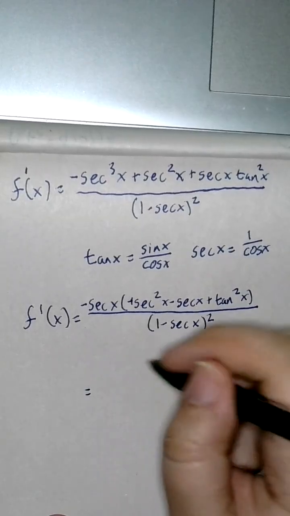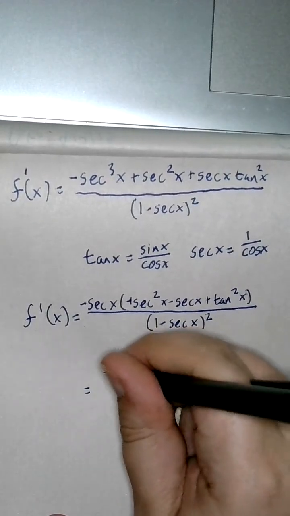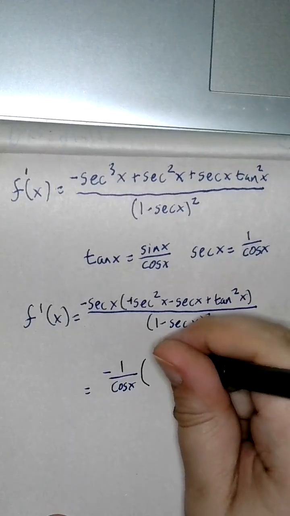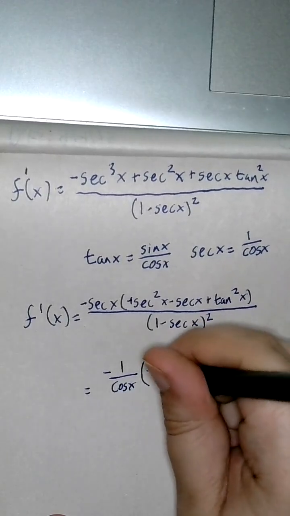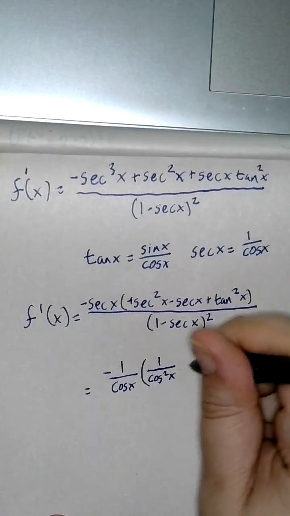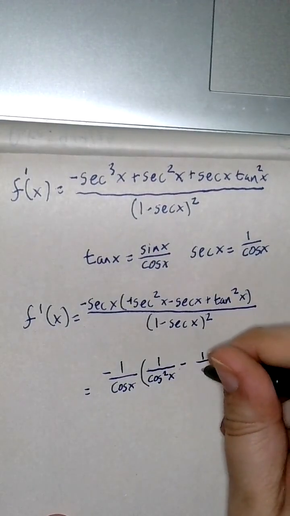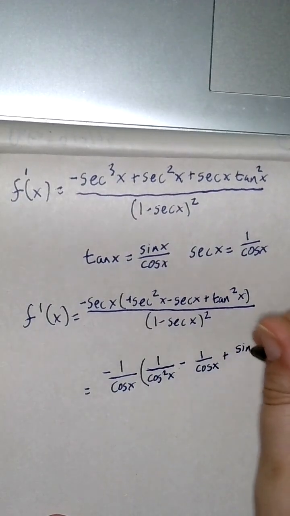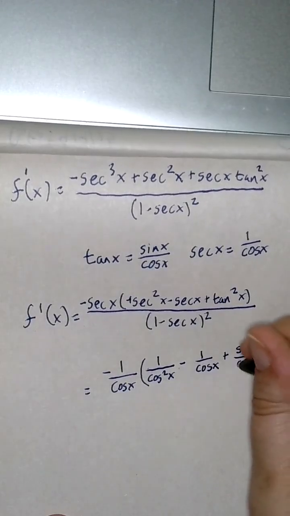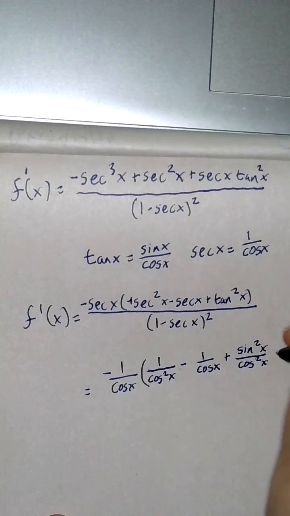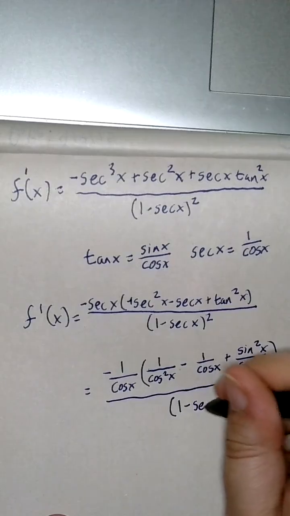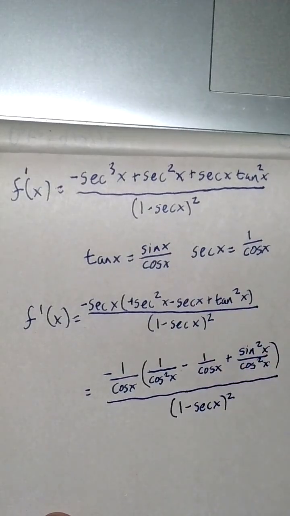So that's going to be negative 1 over cosine times secant squared is 1 over cosine squared, minus 1 over cosine plus sine squared over cosine squared, all over 1 minus secant x all squared.